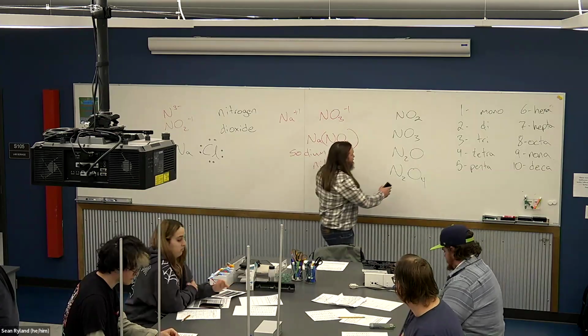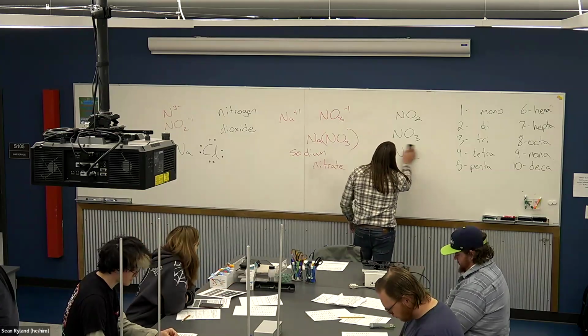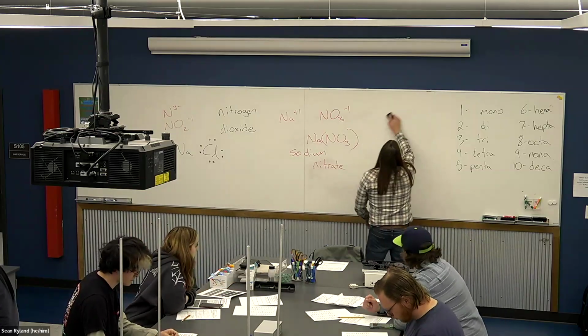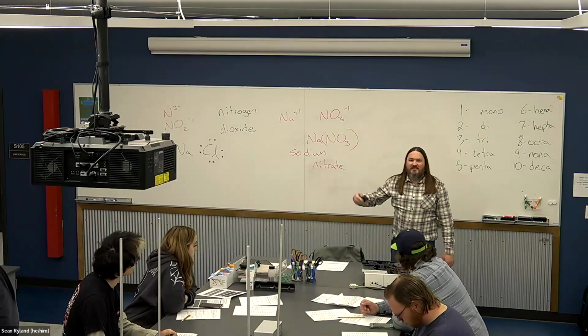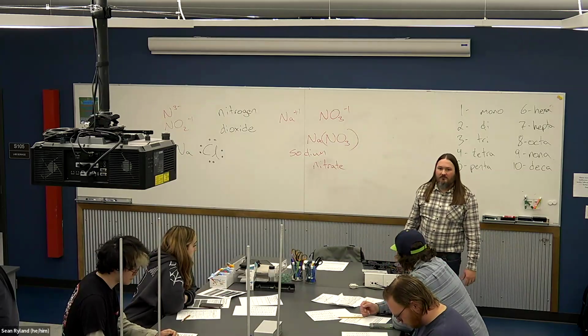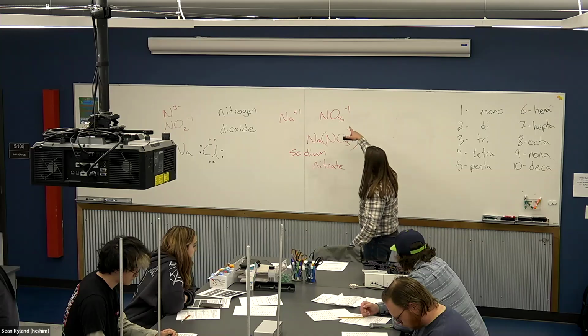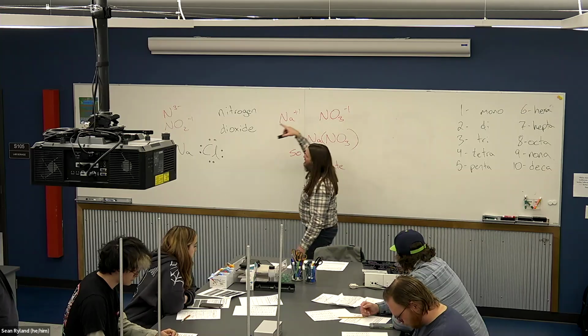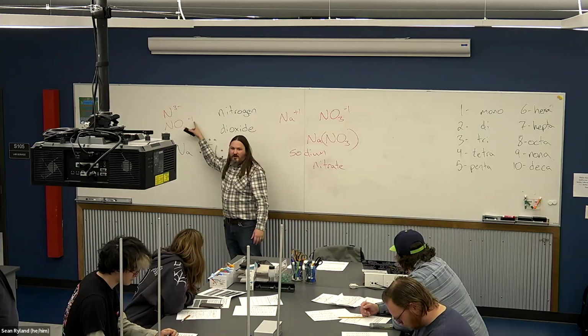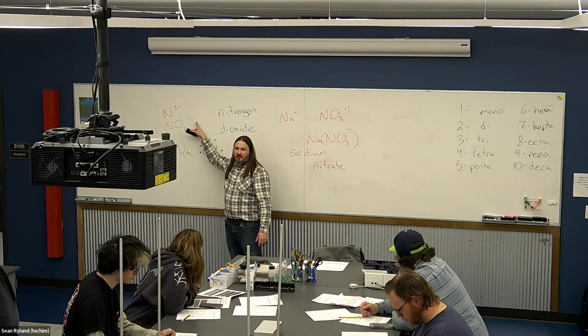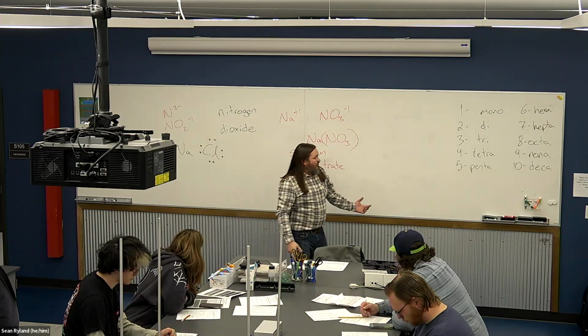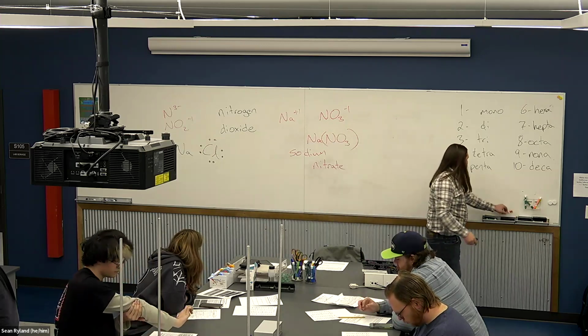All of those, if you memorize the ates, the ites are just the same formula, the same charge, missing an oxygen. So nitrate was an NO3 with a -1 charge. Nitrite is NO2 with a -1 charge. Phosphate is PO4 with a 3- charge.